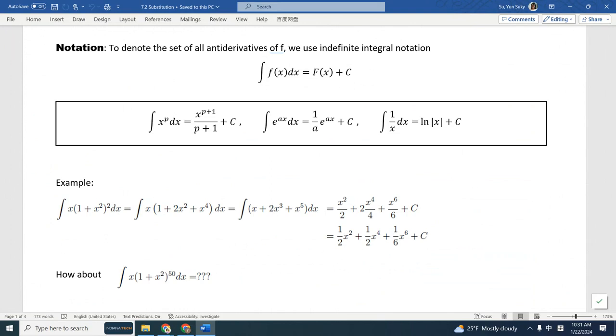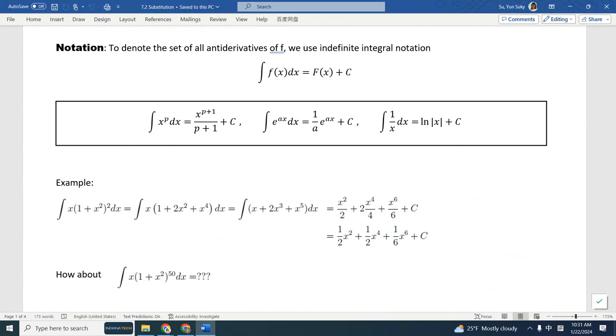So, this is a complete square. Remember, a plus b squared is a squared plus 2ab plus b squared? And now we distribute the x. It's kind of like increasing the power of x by 1. And now we can use the power rule. Integral of x, x squared over 2, integral of x cubed, x to the 4th over 4, integral of x to the 5th, x to the 6th over 6.